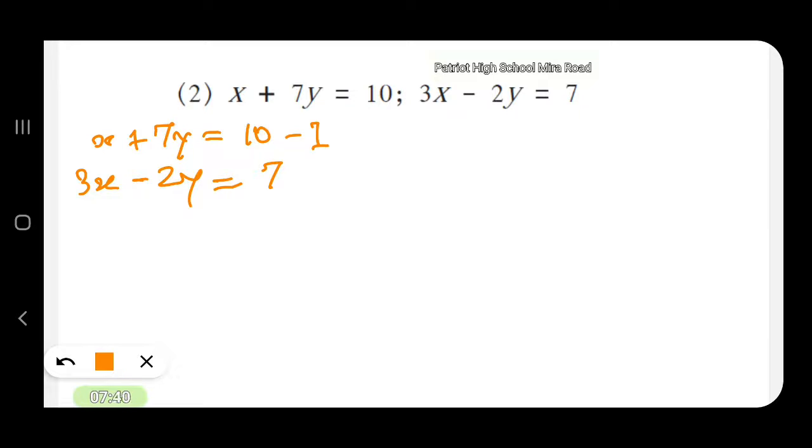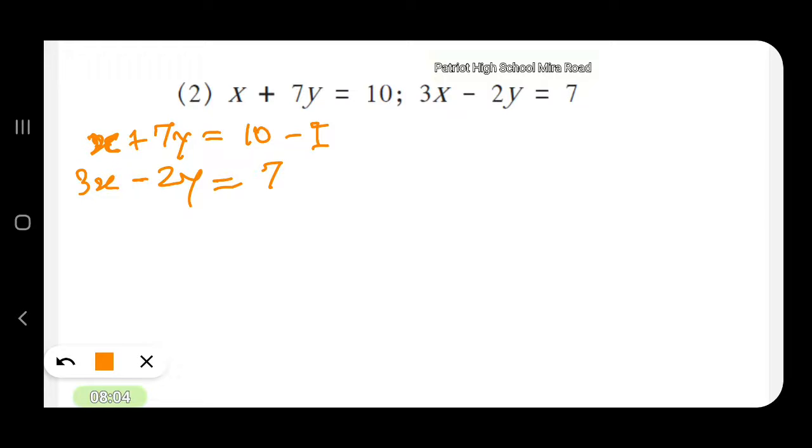Now, in the case of the variable x, the only operation we have to carry out is multiplying equation 1 by 3. We get equal coefficients in x.